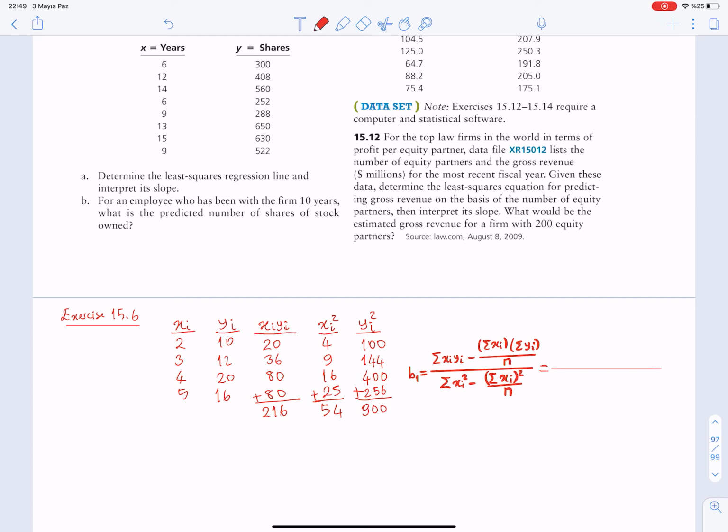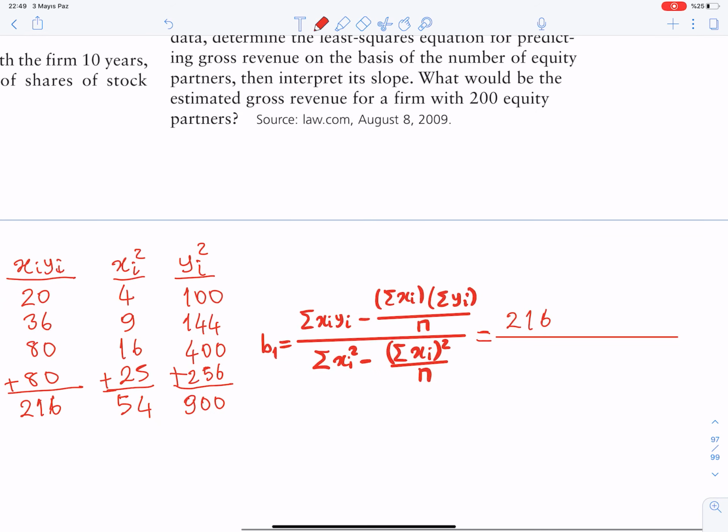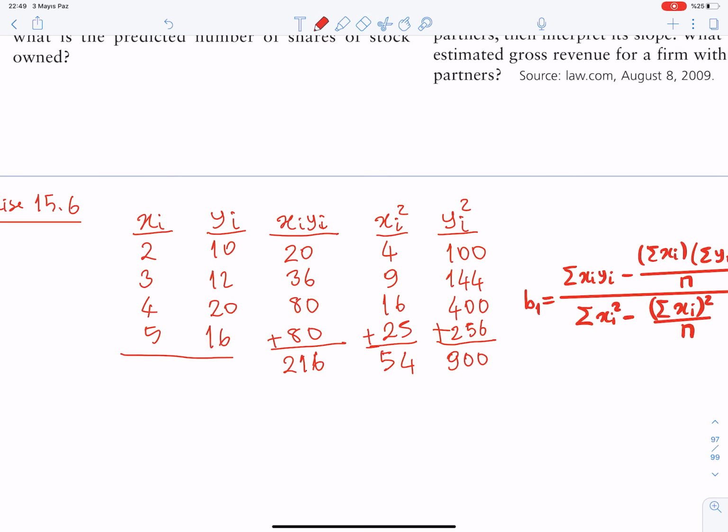The sum of xi yi is 216 minus the sum of x times the sum of y. We missed those two: the sum of x is 14, and the sum of y is 58.